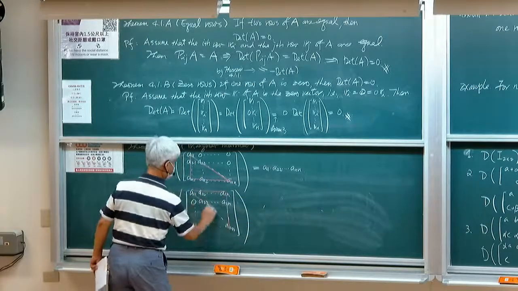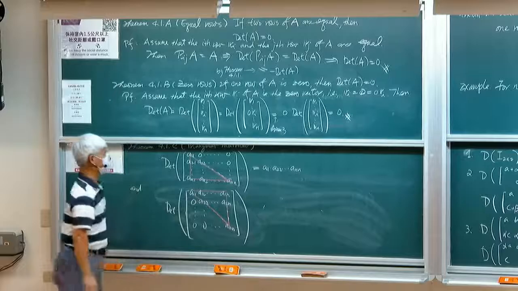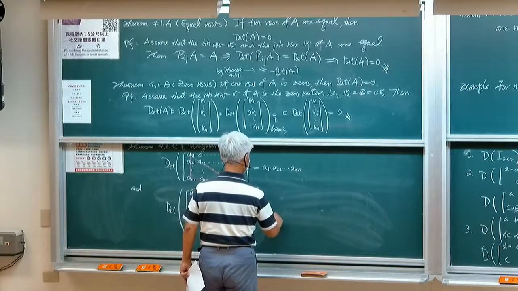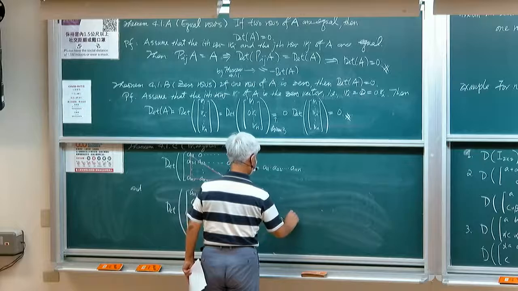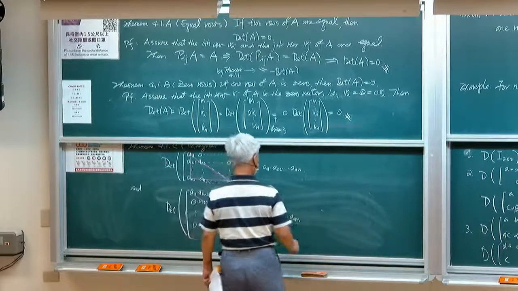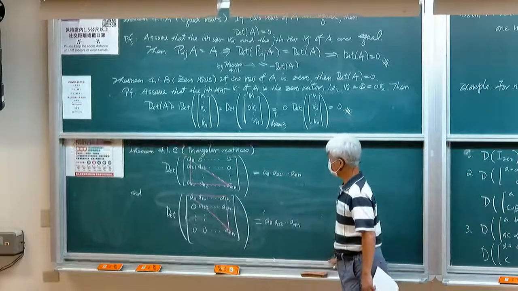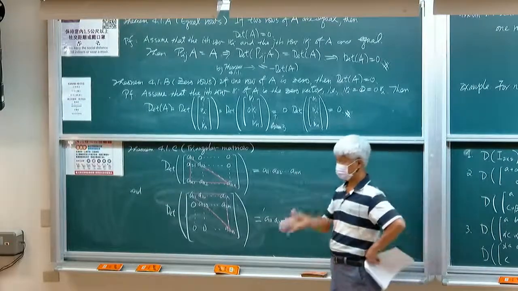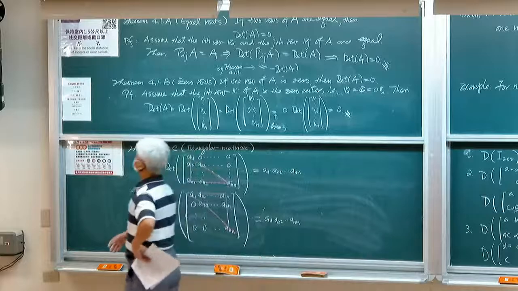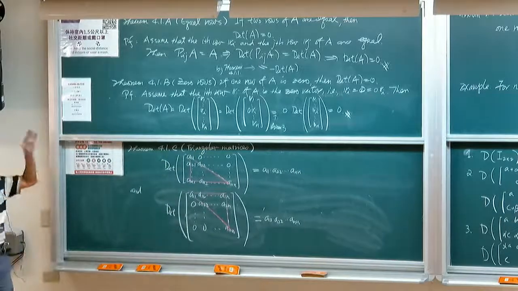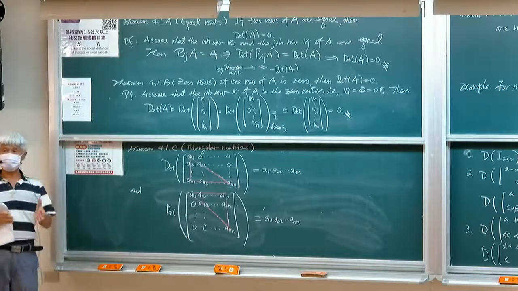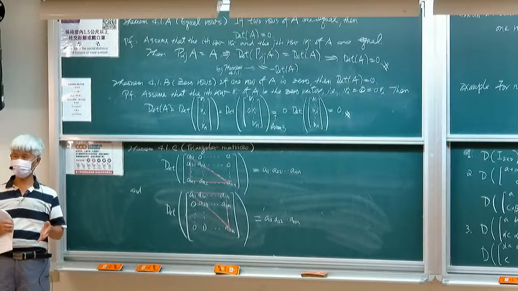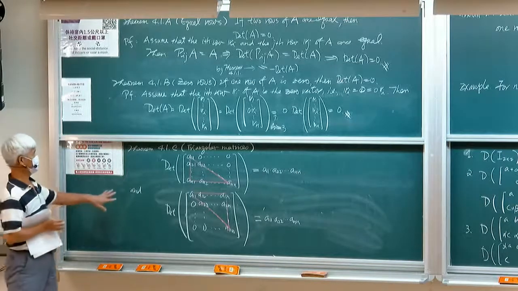So this is the upper triangle matrix. The determinant of this upper triangle matrix will be the same, which is the product of the diagonal entries. For the textbook, this property is used as axiom number 1.